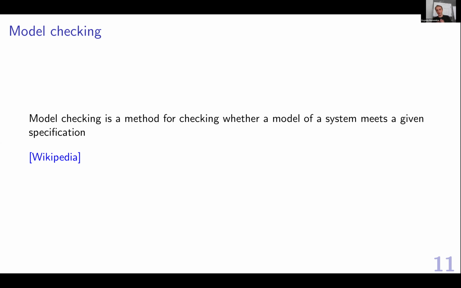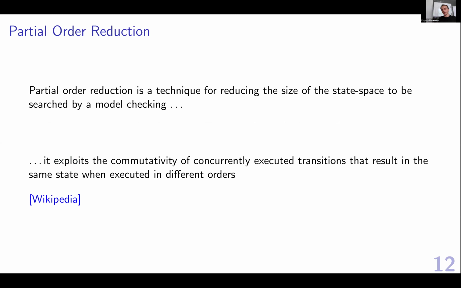But it is apparent that often it is a wasteful exploration strategy, because not all thread interleavings are interesting in some way. I'm going to tell a bit more about it, but for now we just need to understand that partial order reduction is a special technique that helps us reduce the search space that should be explored by the model checker.